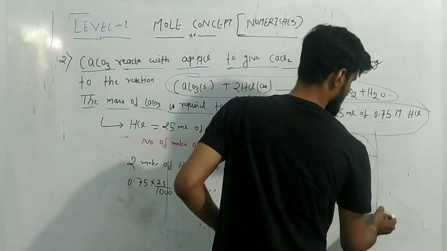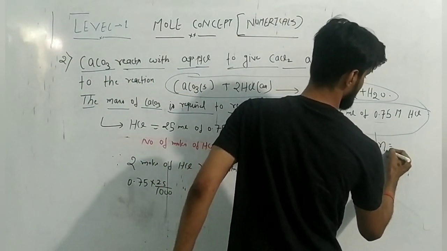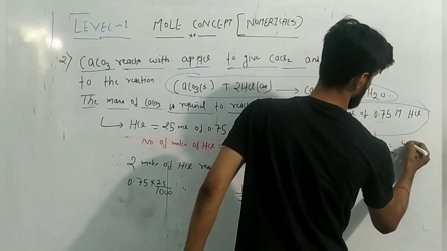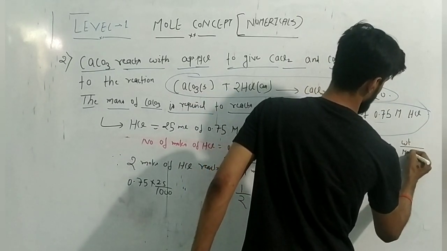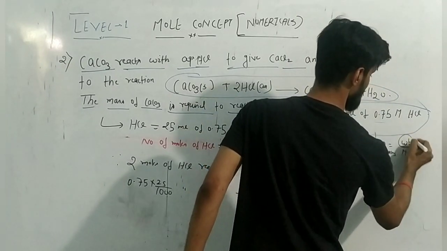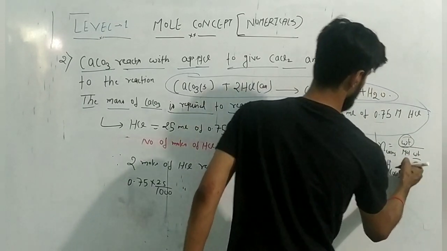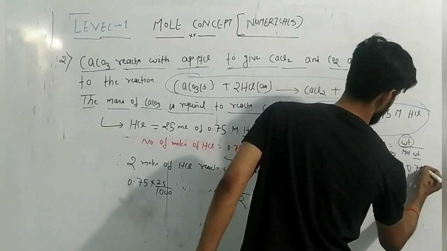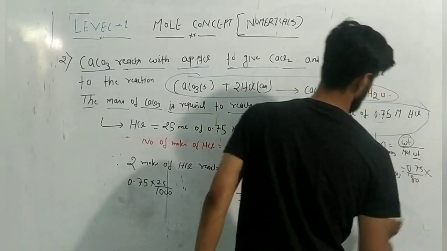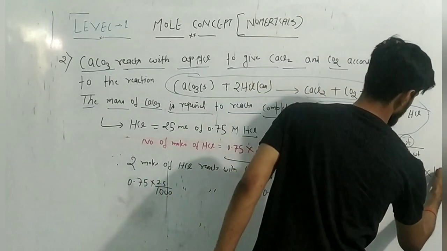Now the number of moles of CaCO3 is equal to weight upon molecular weight of CaCO3. So you have to calculate the weight of CaCO3. The number of moles is 0.75 divided by 80, multiplied with the molecular weight of 100.